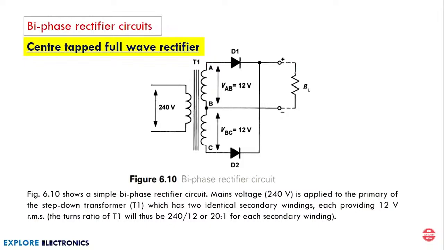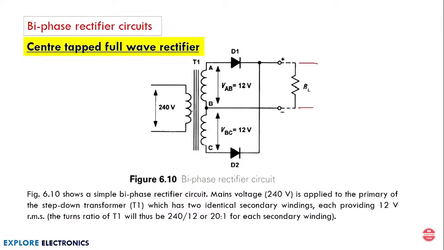You can observe here the output of this particular rectifier is taken across RL, across these two ends. It is from one end of the coil with the center tapped arrangement, and two diodes are used here, D1 as well as D2, and this makes the center tapped full wave rectifier arrangement.